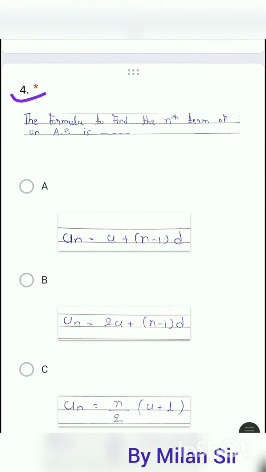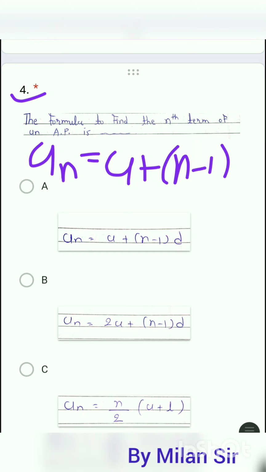After that, question number 4: the formula to find the nth term of an AP. That means we need to find AN. What is the formula of AN? It is A plus N minus 1 times D. Right?